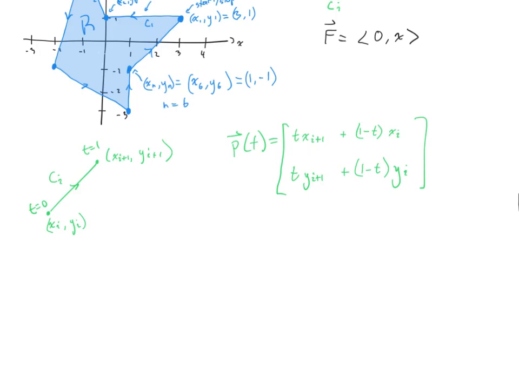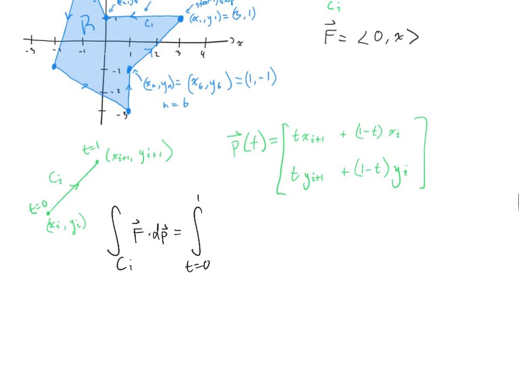You're left with 1 times xi and 1 times yi, which is why you're at this point at time 0, and at time 1 you're up at this point, because you have just 1 times this, and 0 times these guys.